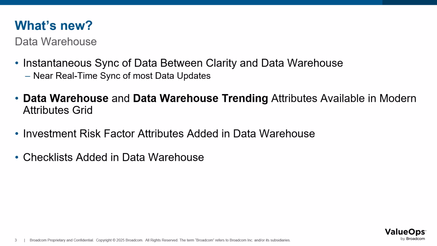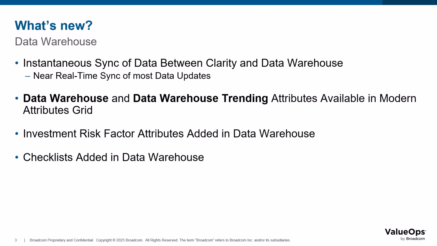Additionally, in Modern, under Administration in the Attributes grid, we've added two attributes that will be available for all objects in that grid. The first one is Data Warehouse and Data Warehouse Trending.